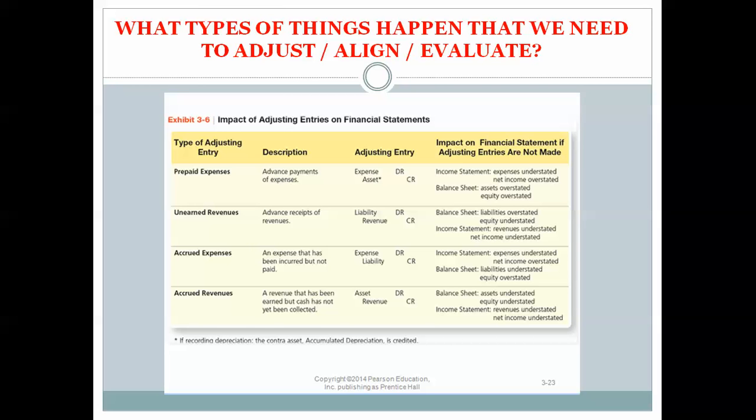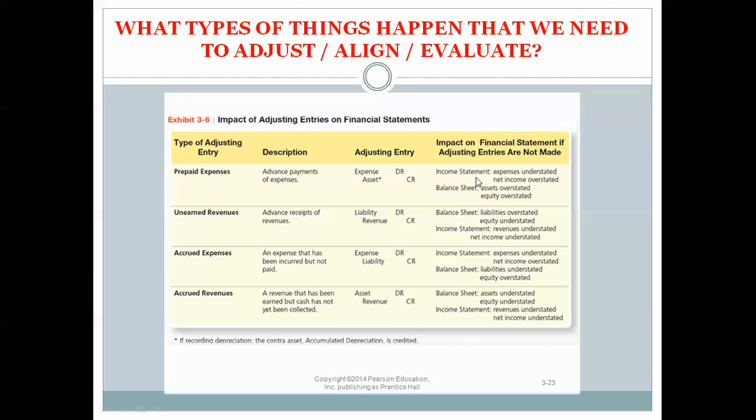A prepaid is an asset until we use it up, and then it becomes an expense to the business. So the adjusting entry is going to have an expense account debited, and credit or remove the asset account. Expense, income statement; asset, balance sheet; one of each.